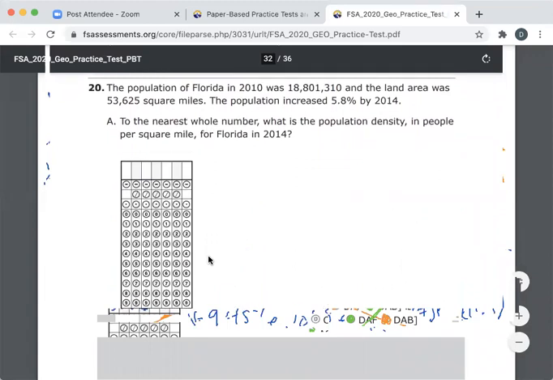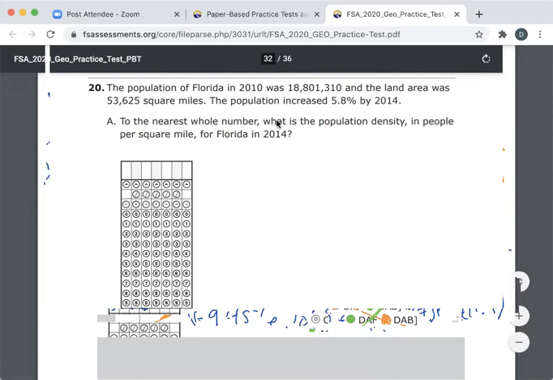Alrighty. The population of Florida in 2010 was 18 million something something, and the land area was 53,000 something square miles. The population increased 5.8% by 2014.